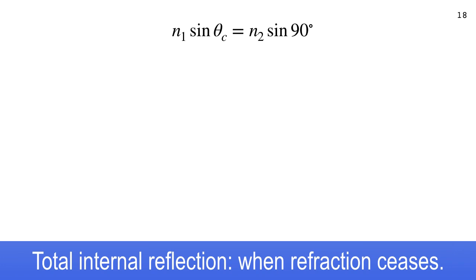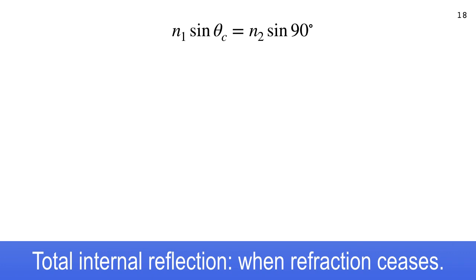When that's 90, I don't get any refraction. It's not going anywhere. It's absorbed by the surface. It doesn't even go in the surface. It doesn't re-emit out to the other side of the surface. So if you go a little bit above theta c, you'll have no refraction, all reflection.